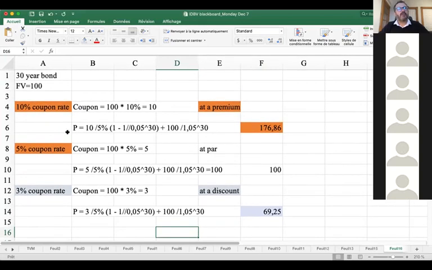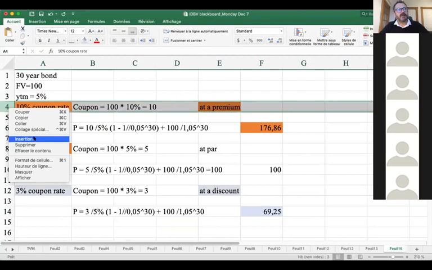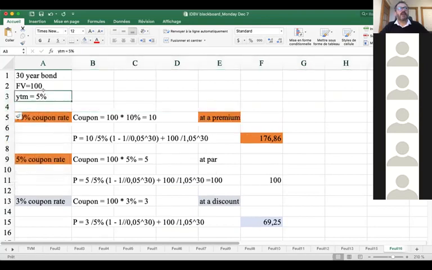So again, the yield to maturity for everyone is 5%. Okay, so the assumption in that case is that the yield to maturity is not changing, right? We consider it constant for the moment for the calculation. And so we can see the illustration of what we were just saying.